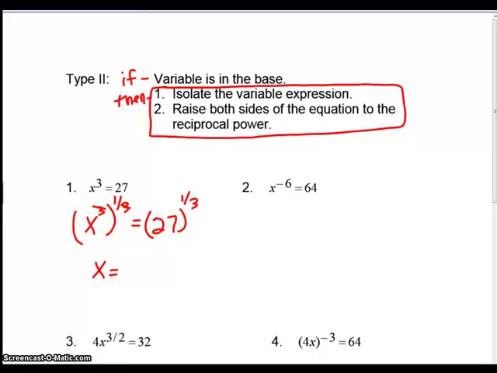And then the 1/3 power is the cube root of 27. Since 3 to the third power is 27, then x is equal to 3.